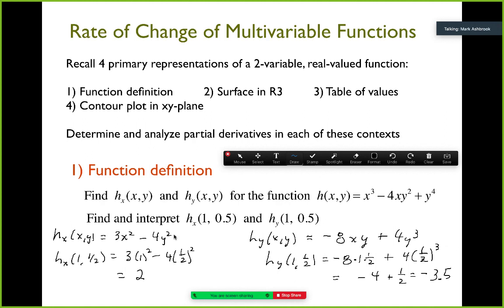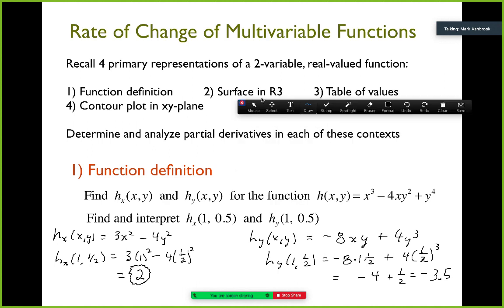That was finding the partial derivatives and then evaluating the partial derivative for a particular x, y ordered pair, and we get this number. We worked hard last time at the meaning of that number. It's a very loaded number, loaded with lots of details to make sense of. So we're going to practice that right now.